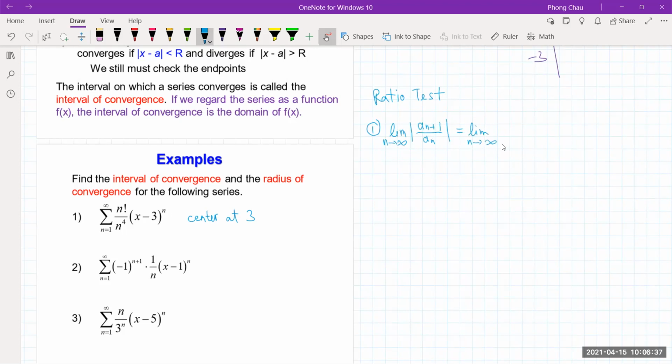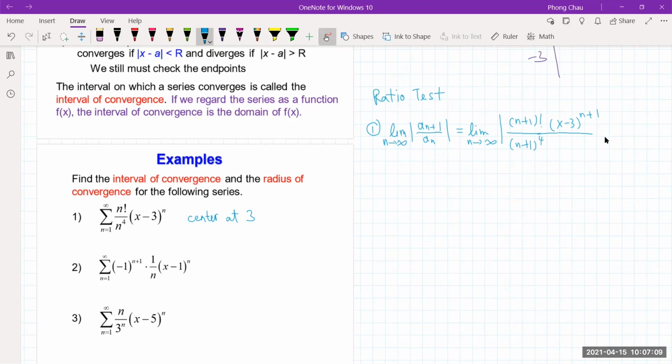That translates into the absolute value of a sub n plus 1, so the n becomes n plus 1 factorial, over n plus 1 to the fourth power times x minus 3 to the n plus 1. It's actually on the numerator, right? So let me put this on the numerators, okay?